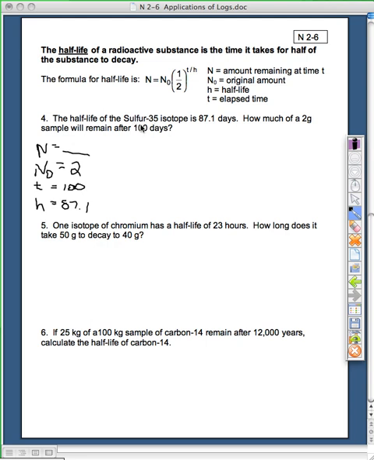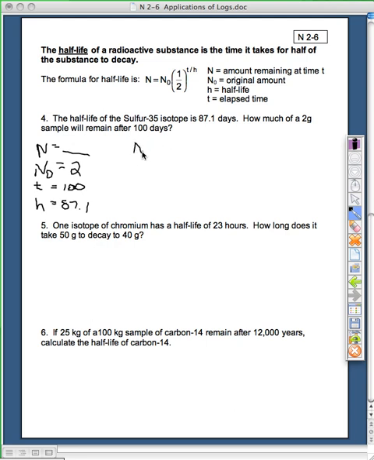So we'll put that in our formula. The half-life of sulfur is 87.1, so we're going to put it in the formula.